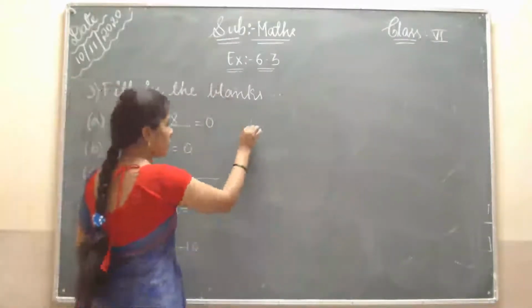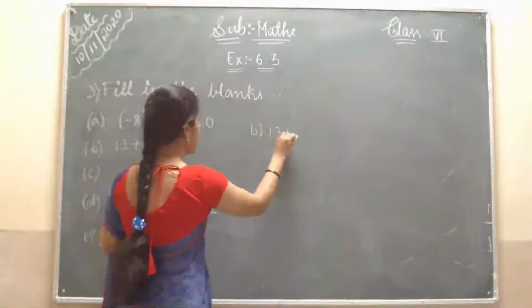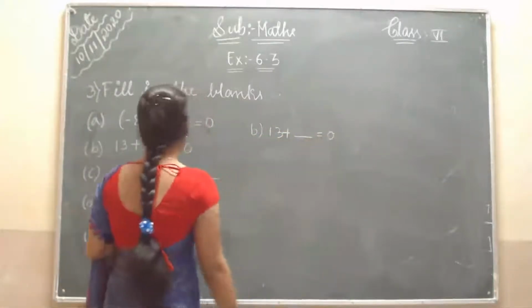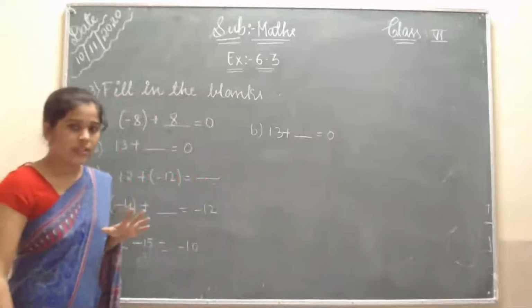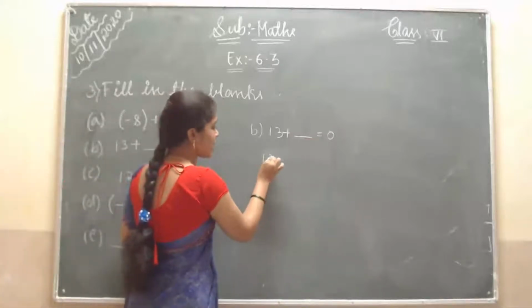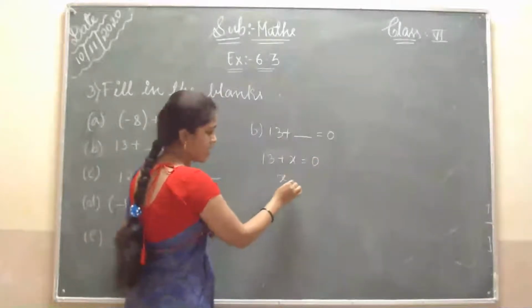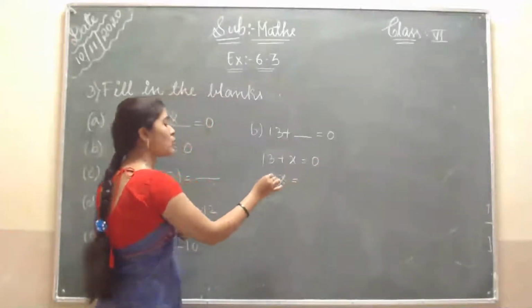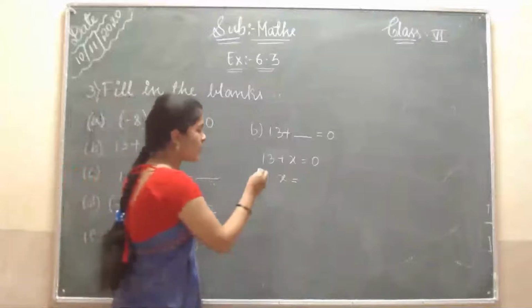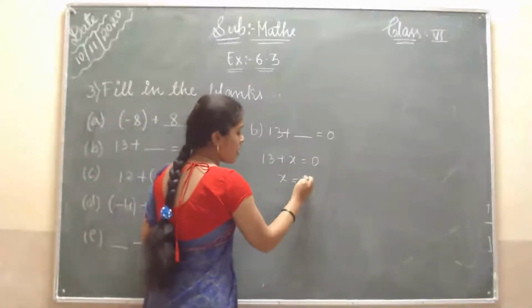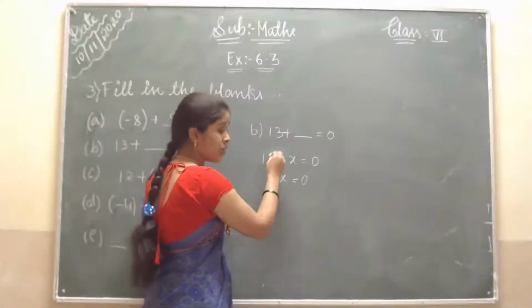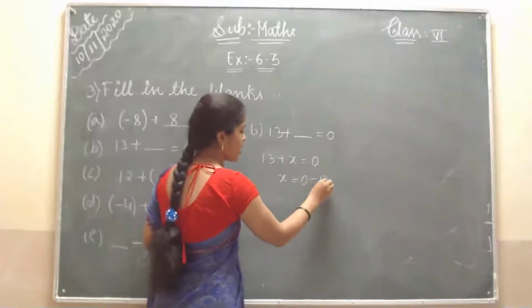Second, B. See here, 13 plus dash is equals to 0. We don't know the dash value, so keep dash as x is equals to 0. Keep x as it is because we want to know the value of x. Keep 0 as it is, and take 13 to the RHS side, it becomes minus 13.